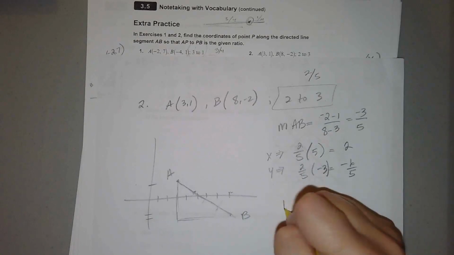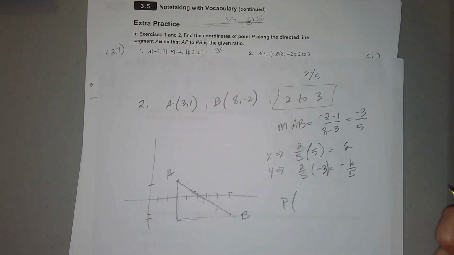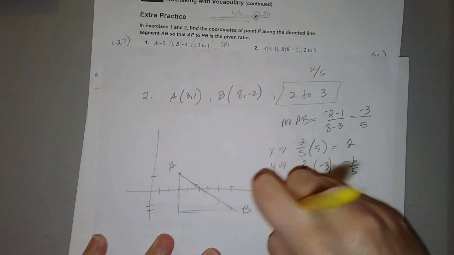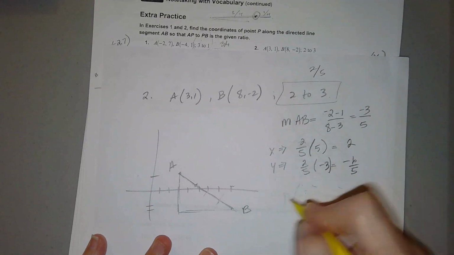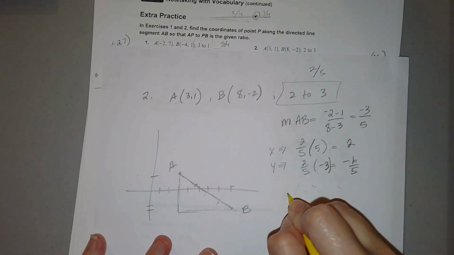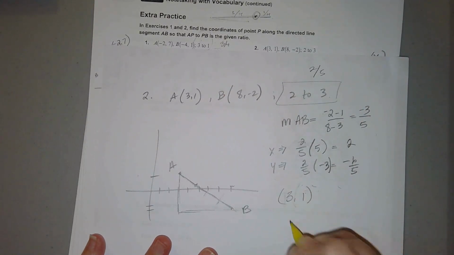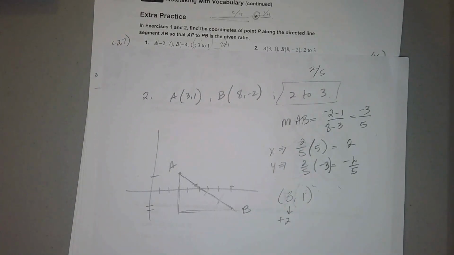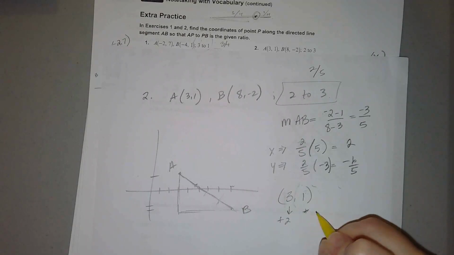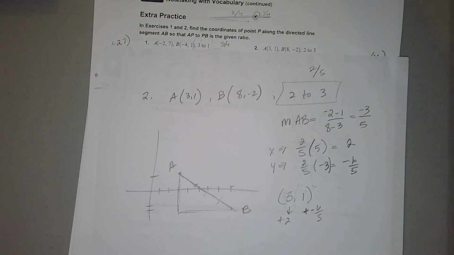So now for point P, I'm going to take point A, which was at the coordinates (3, 1), and add 2 to the x value, and add, or subtract kind of, negative 6/5 to the y value.